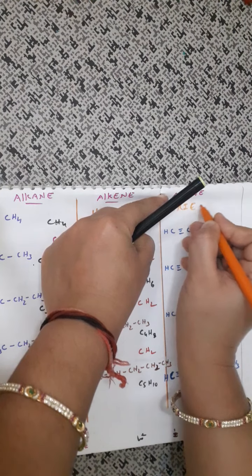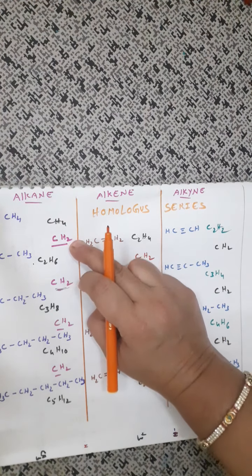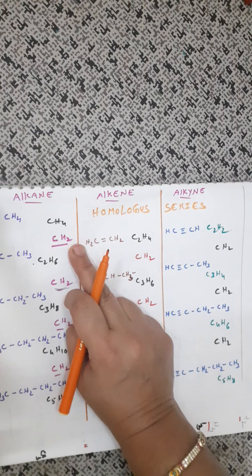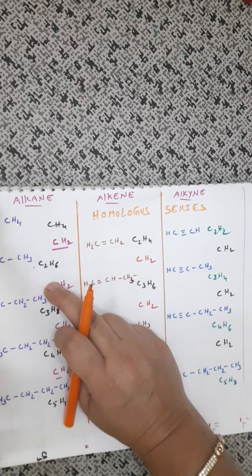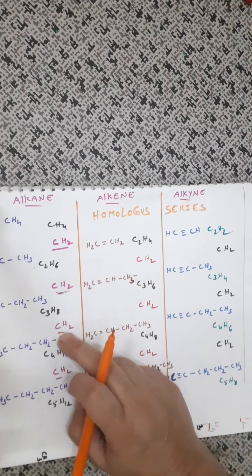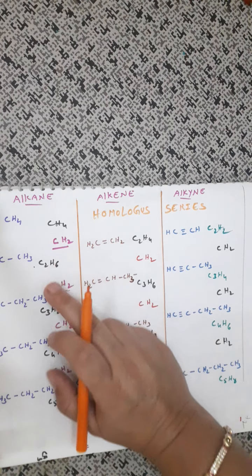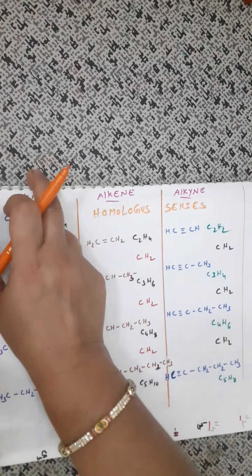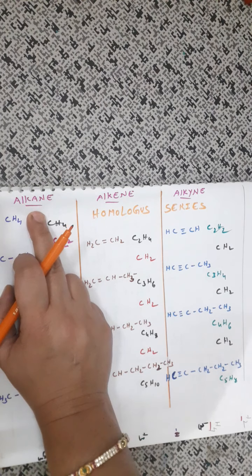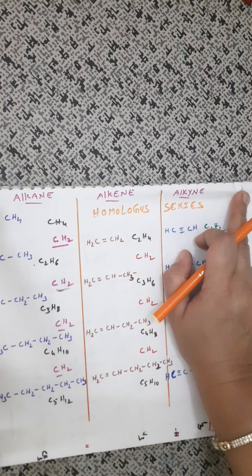So what are these homologous series? They have a difference of molecular formula, CH2, between two consecutive hydrocarbons. And they will have similar chemical properties, children, since their molecular formula is almost similar but differing by a certain value. We all know the general formula of alkane is CnH2n plus 2, alkene is CnH2n, alkyne CnH2n minus 2.